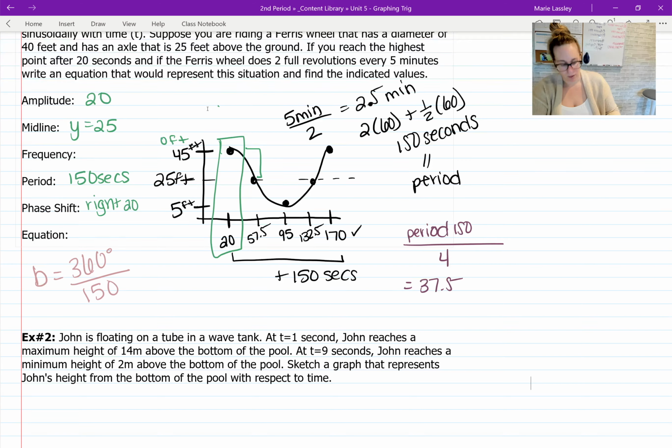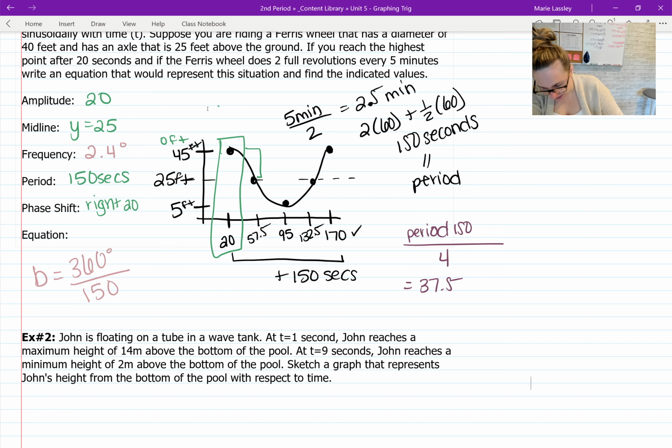So my frequency is 2.4 degrees. Kind of ugly, right? And I have to leave the degrees because they don't cancel out, since 360 has a degree, but 150 is seconds. So 2.4 degrees is my frequency. We can also write it as a fraction, which might be better. This is 12 over 5 degrees.